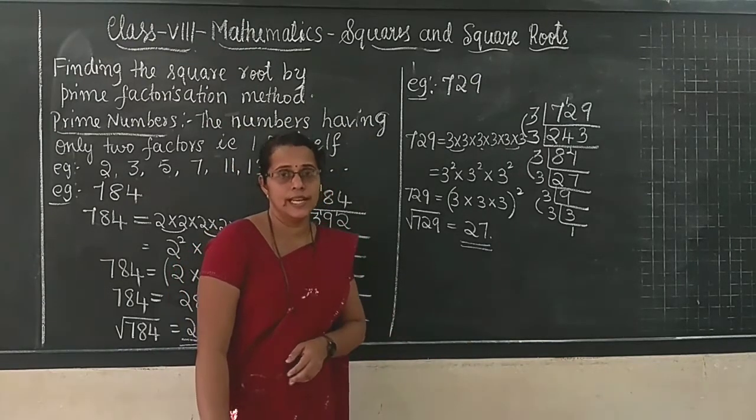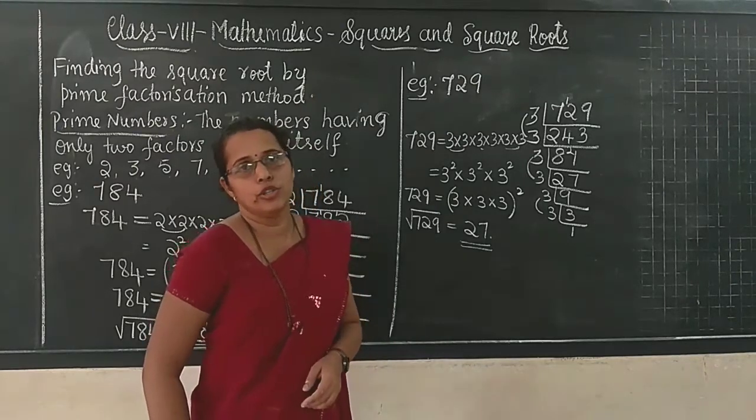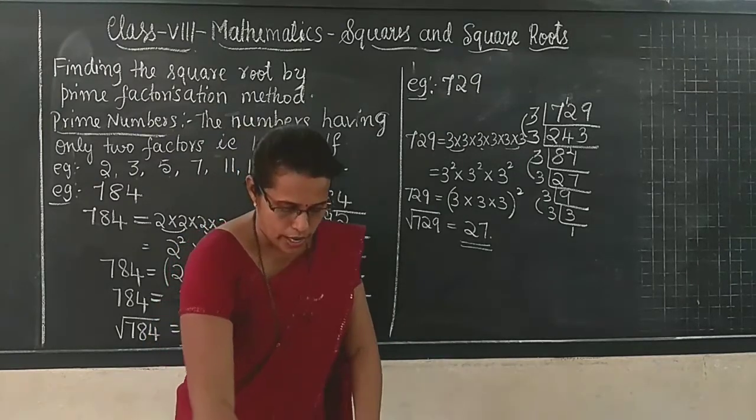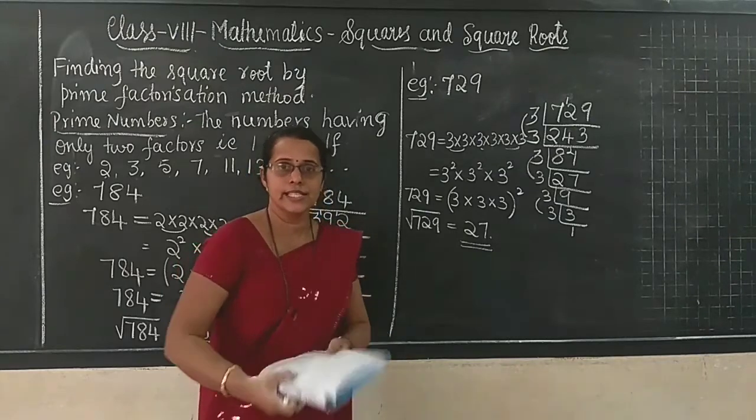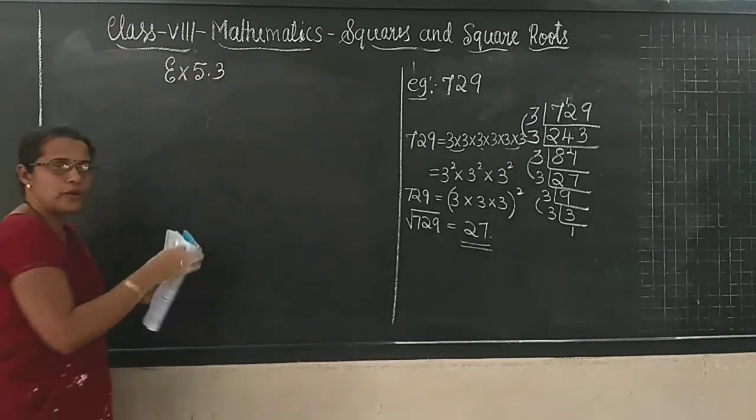So next we have to do this in the exercise problem. That time you have to do it fast. Okay, children? So now let us move to the next exercise problem, after learning this, number 5.3.